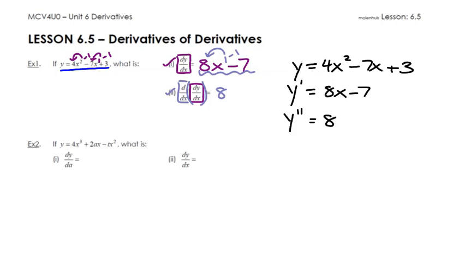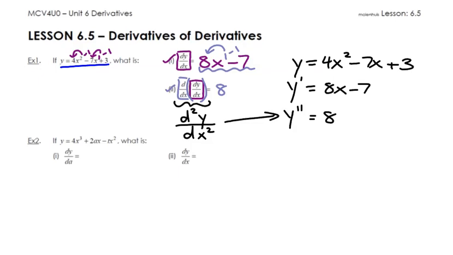I could keep going and find a triple prime, quadruple prime, and so on. So you have first derivatives, second derivatives, third derivatives. You can keep going. I've also seen this written as d2y over dx squared. If you see that sort of notation, also know that they're looking for y double prime, or the second derivative.